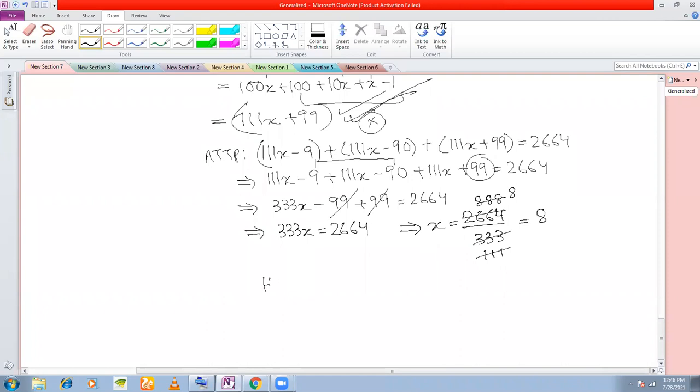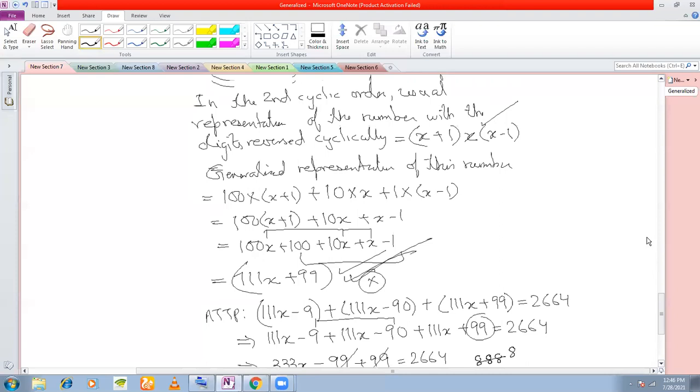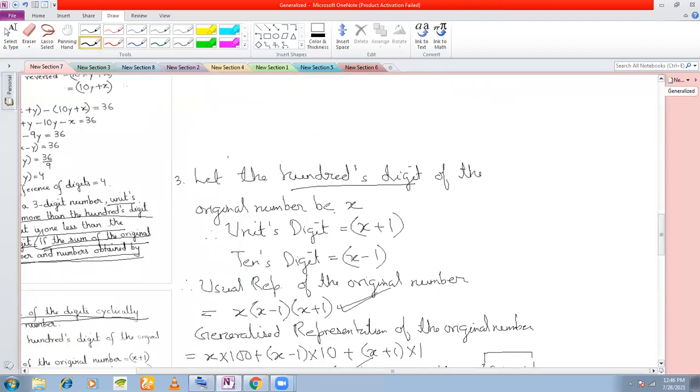So what was the hundreds digit? The hundreds digit we had taken as x, right? We are getting this as 8. See here on top, we had taken the hundreds digit as x. What is the units digit we have taken? x plus 1. What is the tens digit we had taken? x minus 1. So let's write down.